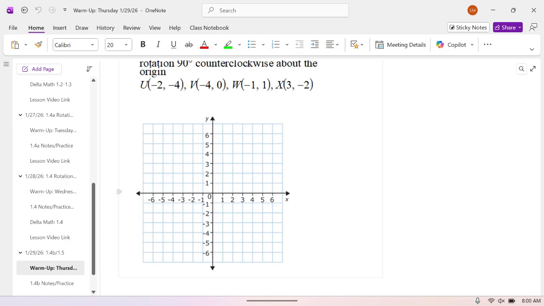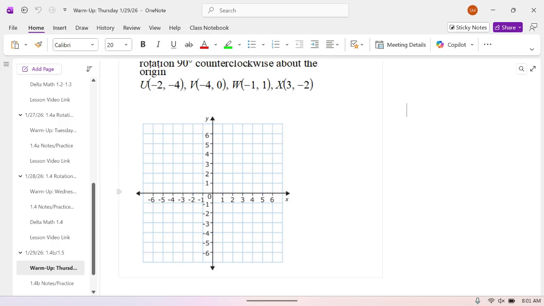Here. -4, 0 is v. -1, 1 is w. And 3, -2 is x. So this is what my figure looks like originally. And make sure you label it so that you know which point's which.